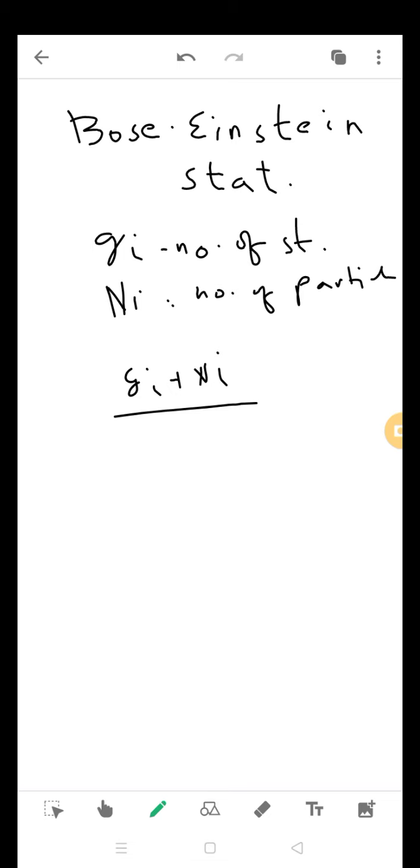Now when we distribute, we need to keep the first state fixed. So keeping the first quantum state fixed, we have Ni plus Gi minus 1 objects permitted. These objects can be distributed in factorial ways among themselves.